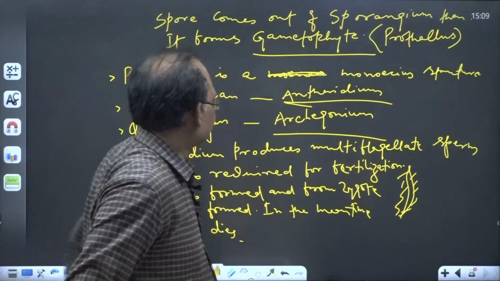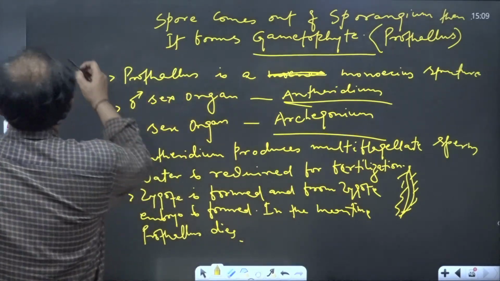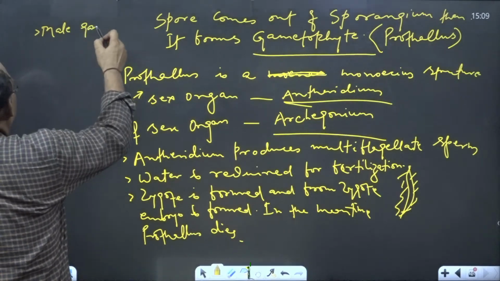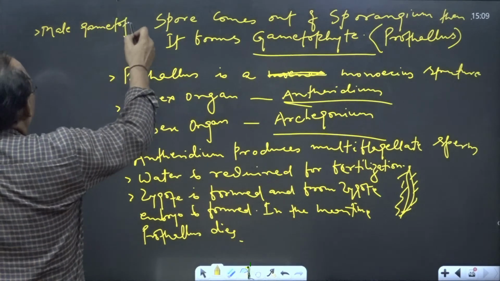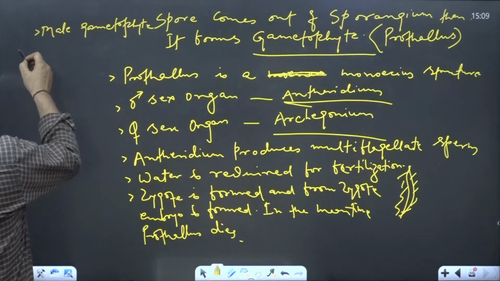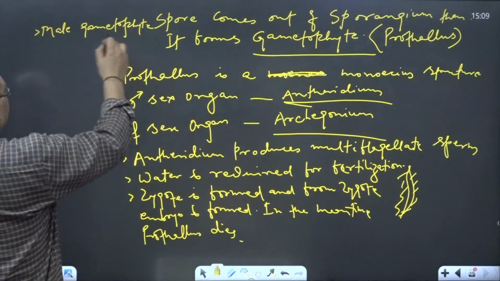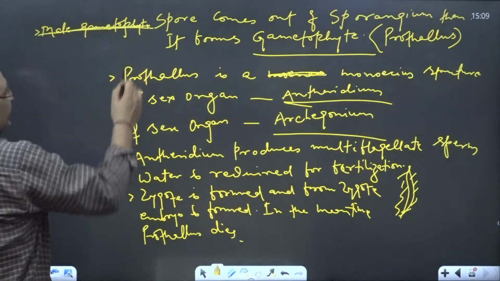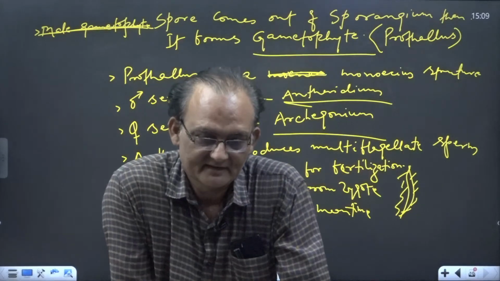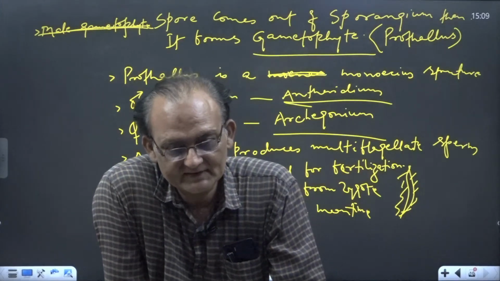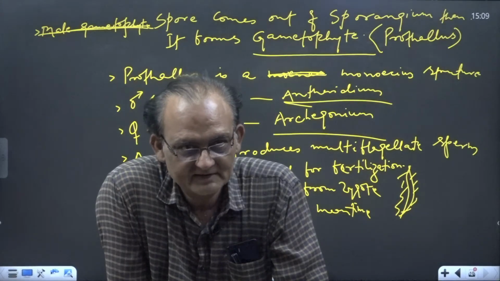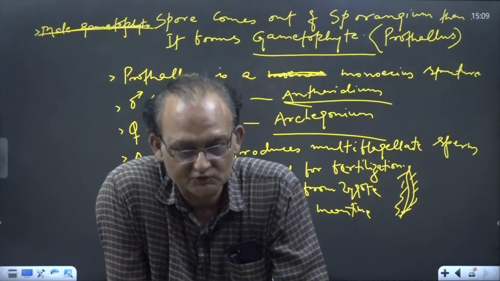So you can write this point also, that here there is only one gametophyte. Male gametophyte and female gametophyte will be formed in heterosporous condition. In heterosporous condition, like in Selaginella and Salvinia, the male and female gametophyte will be reduced.